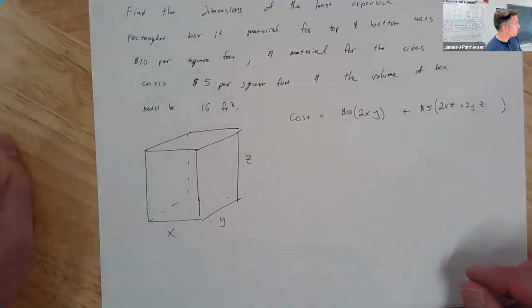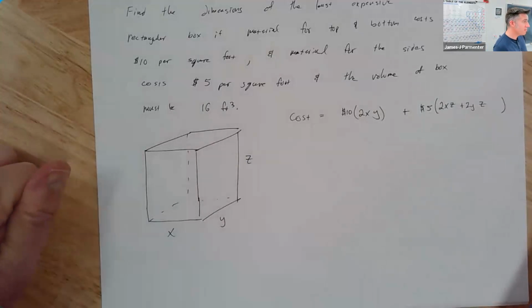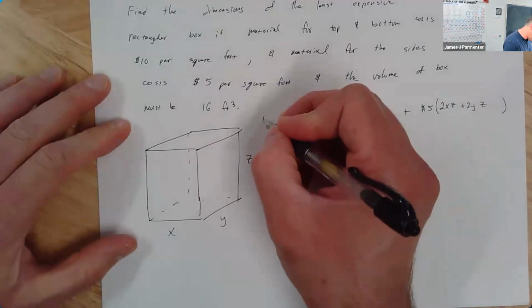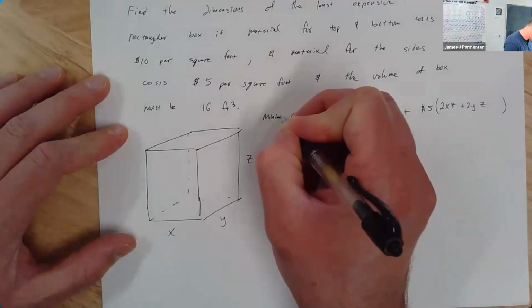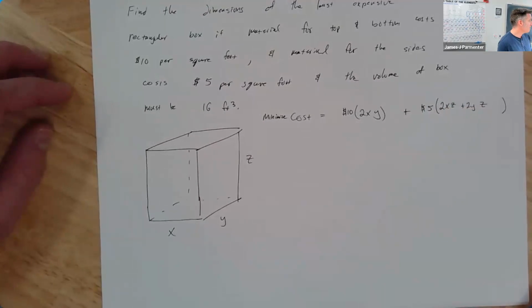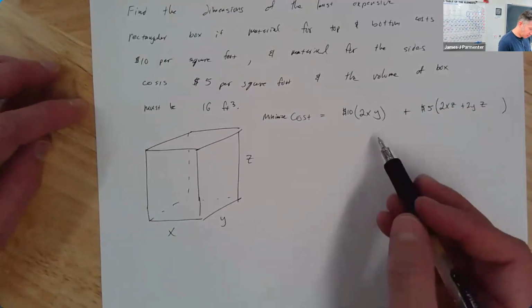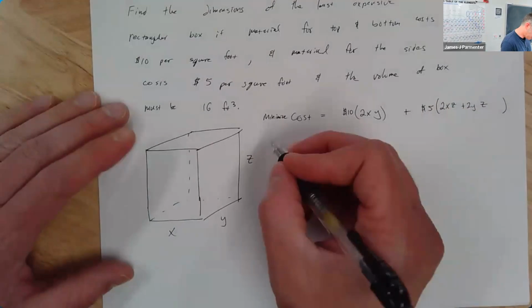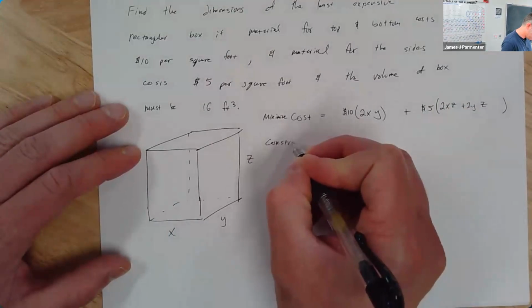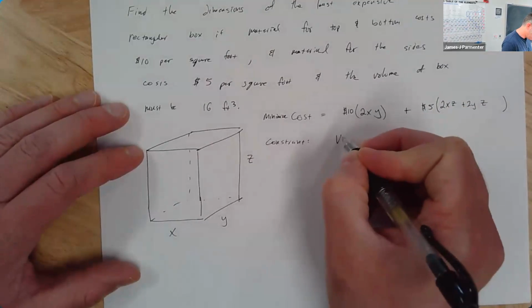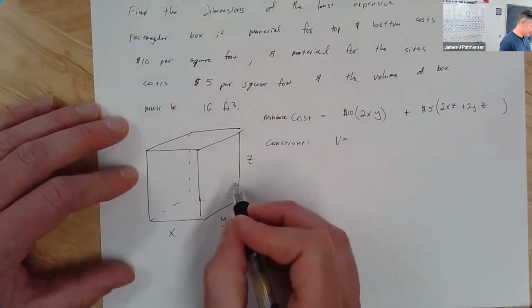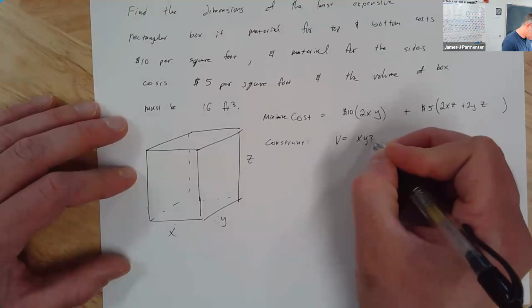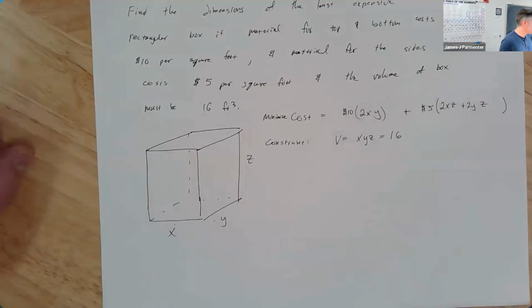And just like the previous problem, the thing that we're trying to minimize, the cost, is a function of 3 variables. You have x, y, and z in there. So we need a constraint. And the constraint is that the volume, which is equal to x times y times z, needs to be exactly 16 cubic feet.